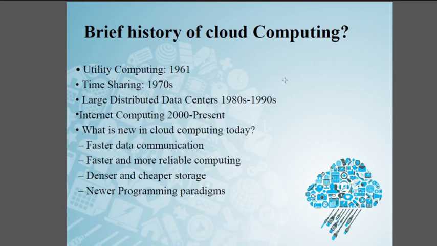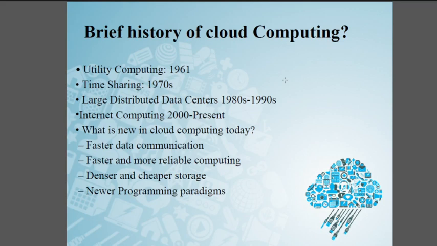Let us see the brief history of cloud computing. Why are we covering this cloud today? Because it is compulsory for unit number 4. We need to know what cloud is, the basic introduction of cloud. Utility computing came into existence in 1961.